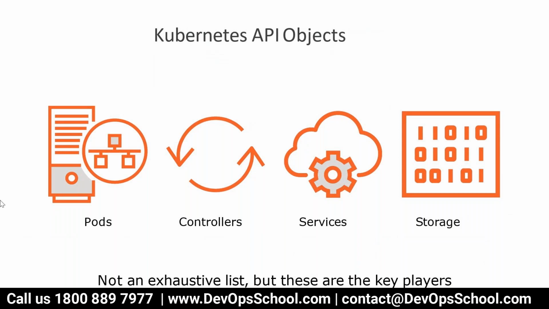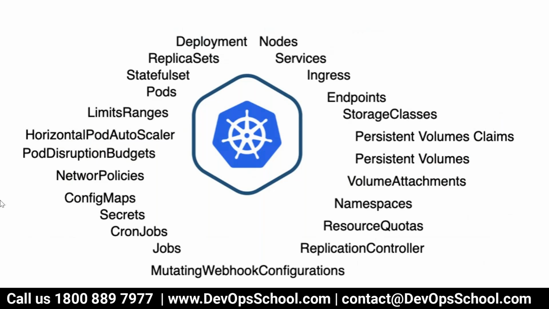You have so many API resources: deployment, replica set, stateful set, pods, network policies, config maps, secrets, cron jobs, and so many. Your job is to learn all of these resources available in Kubernetes, express them in a YAML or JSON file, send it to kubectl, and the rest of the things Kubernetes will do.